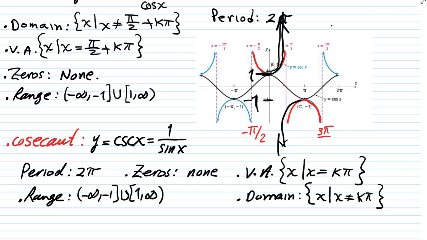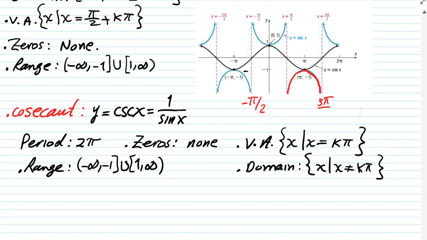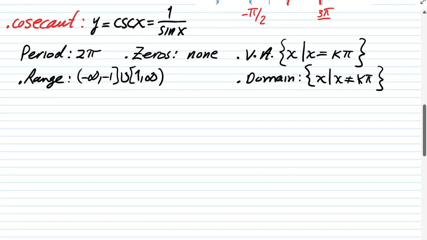Right? From way down here to up here. So that's going to be the range. We're going to see that similarly on the graph of cosecant. We're going to see the same thing on that graph. All right. So I have the vertical asymptote, domain, period, range, and we mentioned there are no zeros.